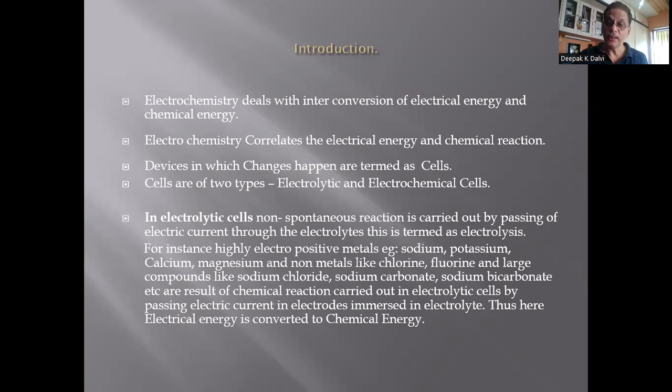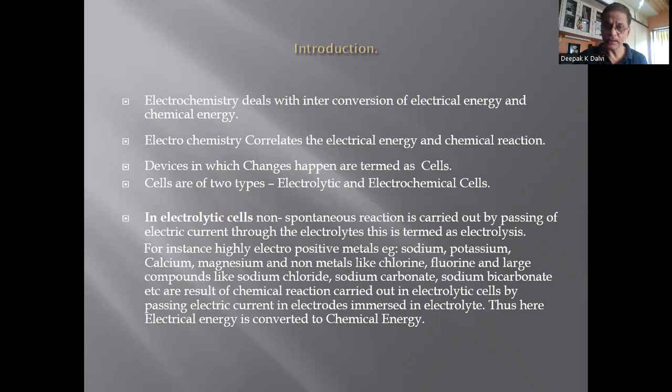And electrolytic is our main concern, which has a solution. In electrolytic cells, there is a solution. Either it can be in a molten form, or it is an electrolytic solution, which is an aqueous solution, or it is acid, base, or salt.